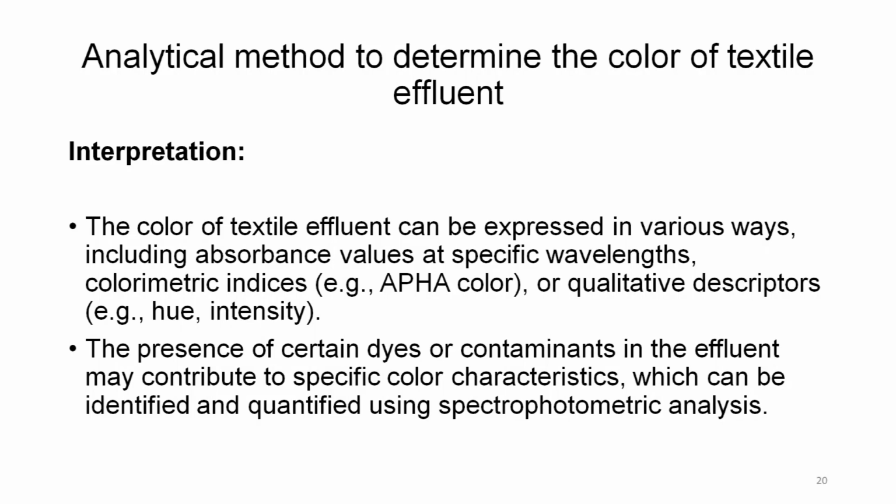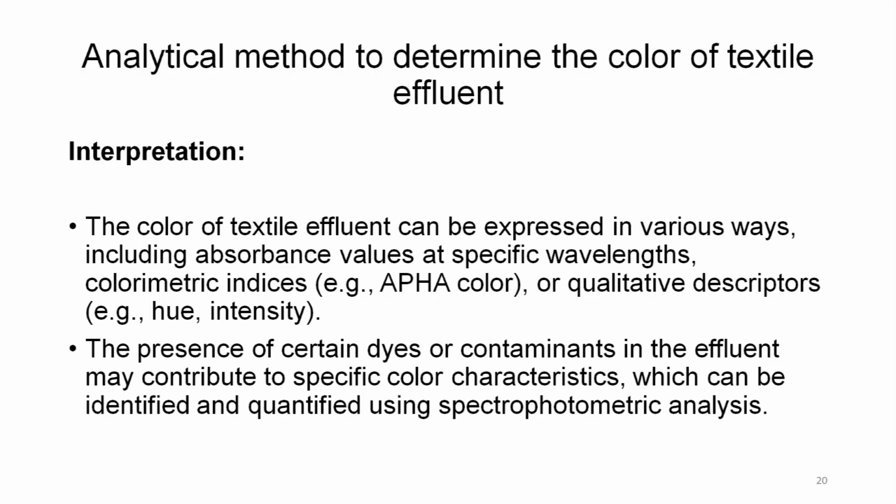Interpretation. The color of the textile effluent can be expressed in various ways, including absorbance values at specific wavelength, colorimetric values, or qualitative descriptors like hue, intensity, etc. The presence of certain dyes or contaminants in the effluent may contribute to specific color characteristics, which can be identified and quantified using spectrophotometric analysis.